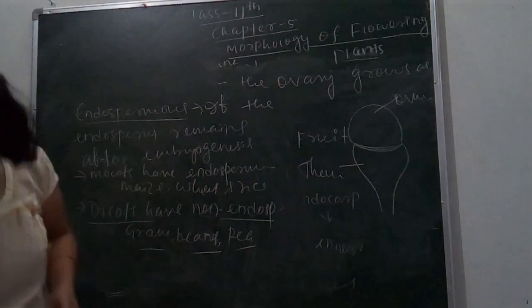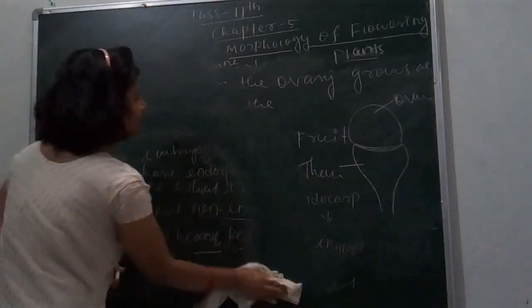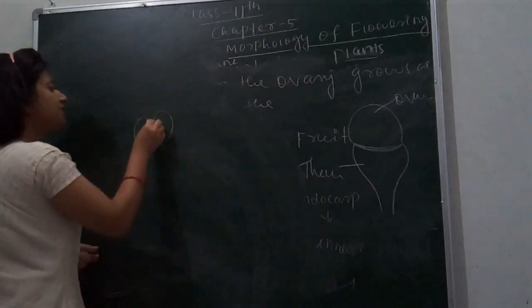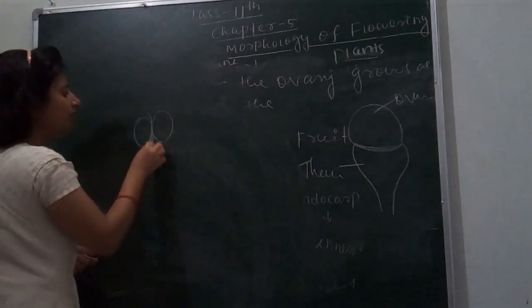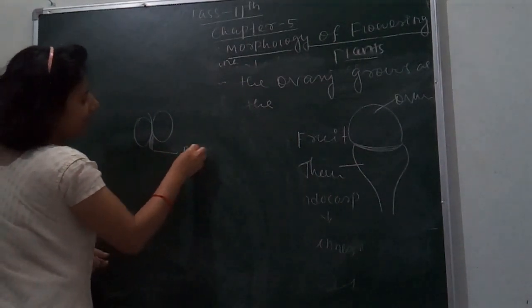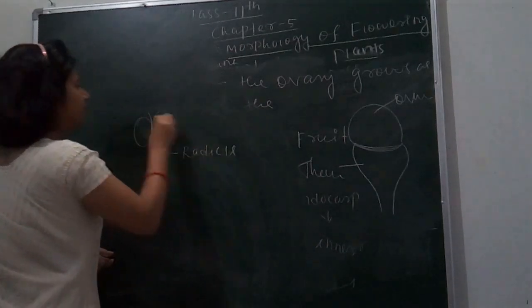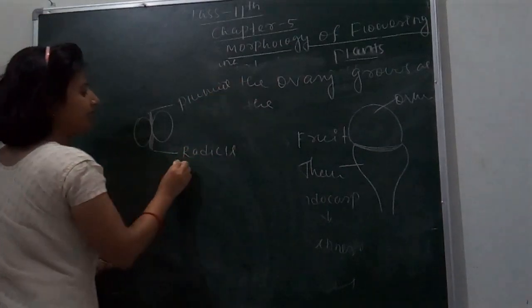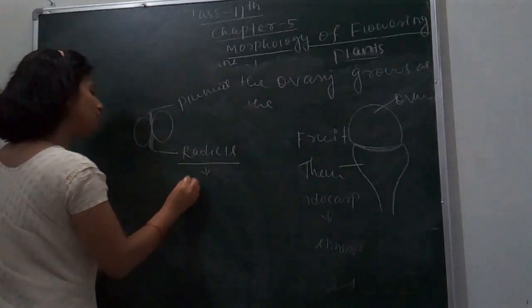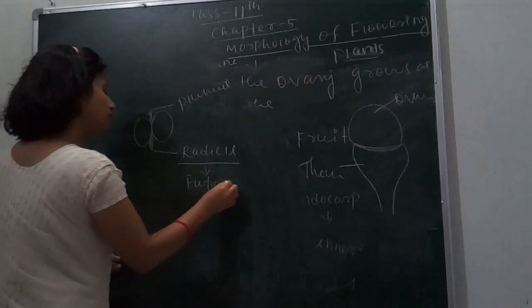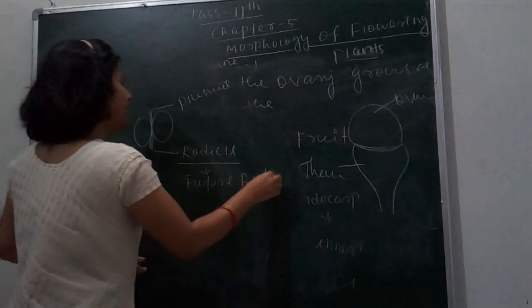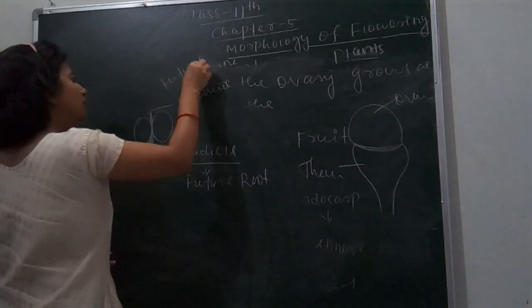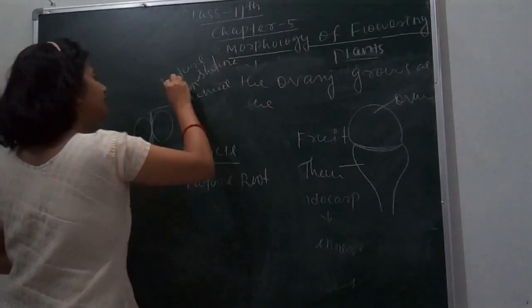You can see the dicot seed. This part is called the radicle. This part is called the plumule. The radicle gets converted into the future root and the plumule gets converted into the future shoot.